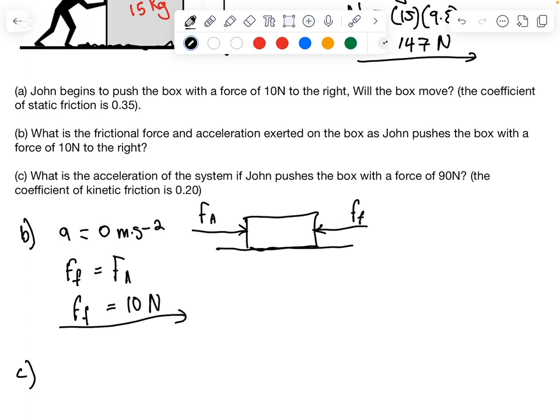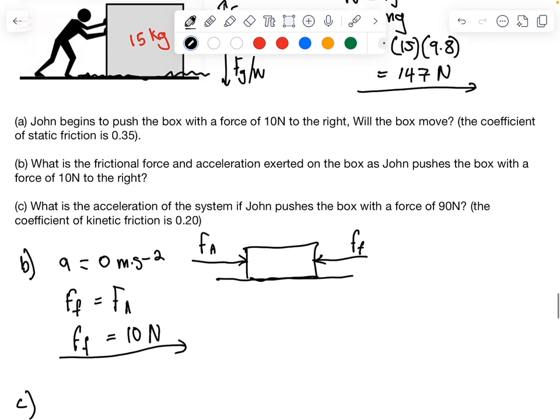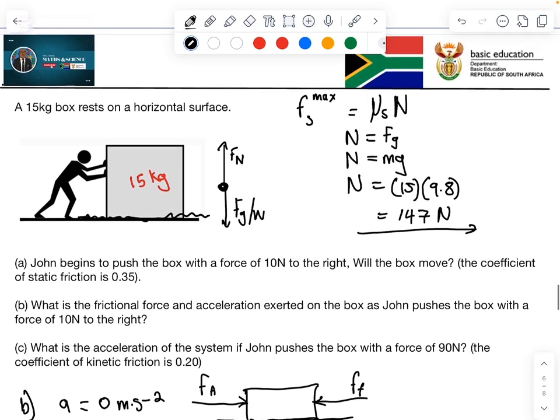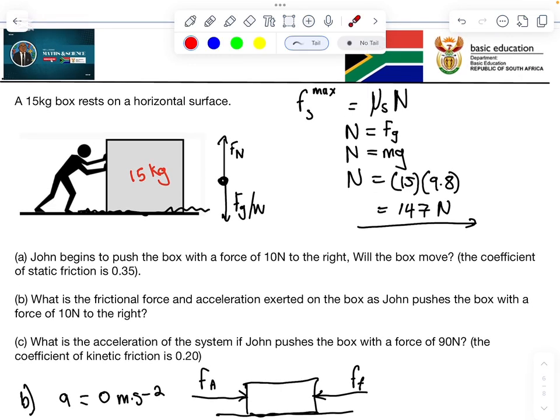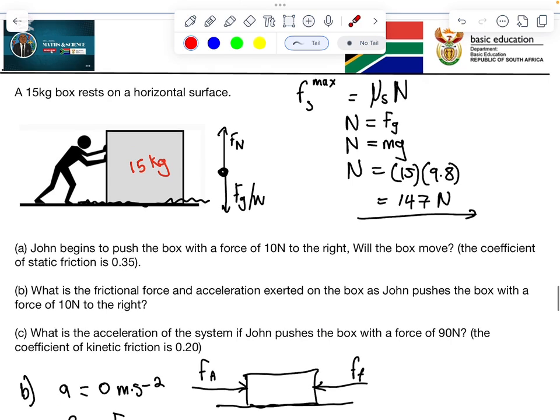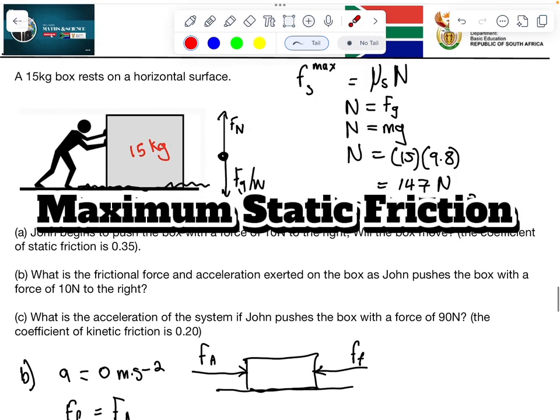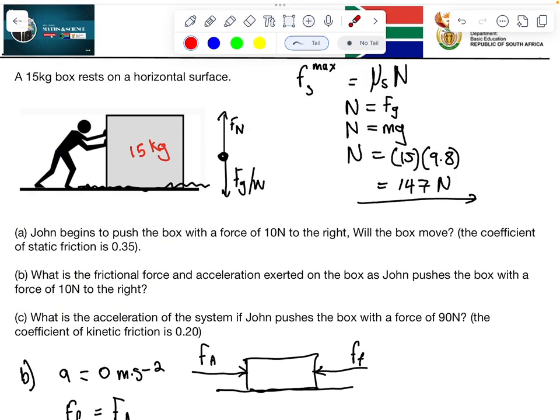For C, they ask, what is the acceleration of the system if John pushes the box with a force of 90 newtons and the coefficient of kinetic friction is 0.2? So now if you check properly, the force applied, which is 90 newtons, is greater than our static friction, because remember our static friction that we got was, I think, 51.